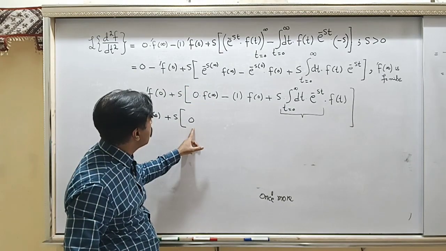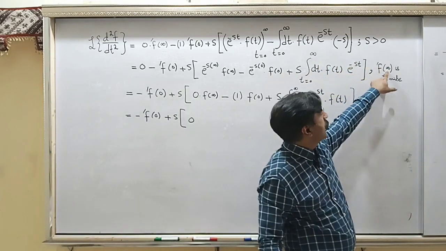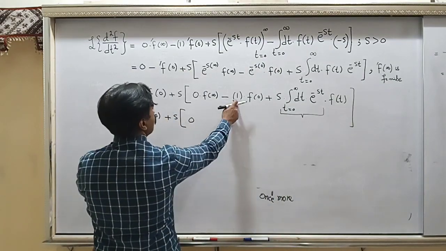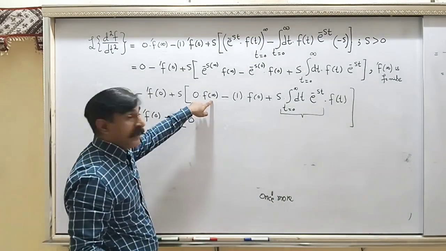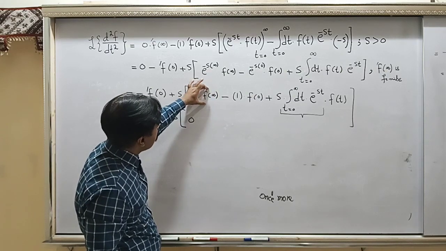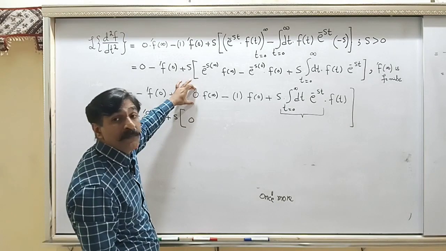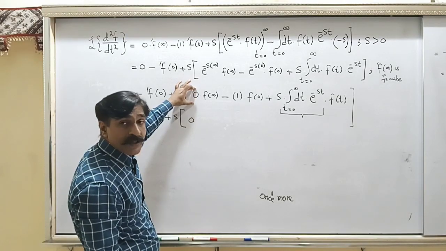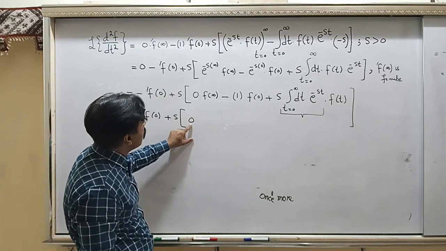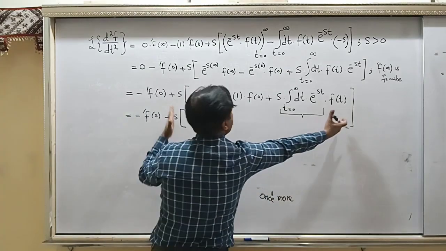That's why I am stressing again and again on f infinity, just as I have stressed on f prime infinity. And when you have no answer here, it means you have no answer within these square brackets.